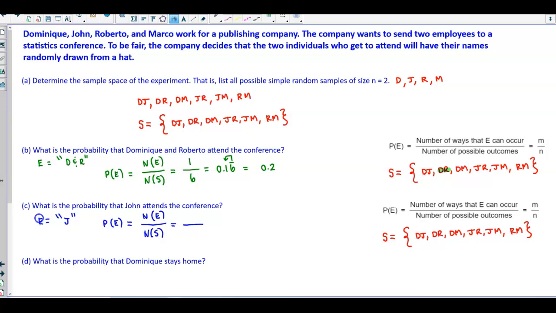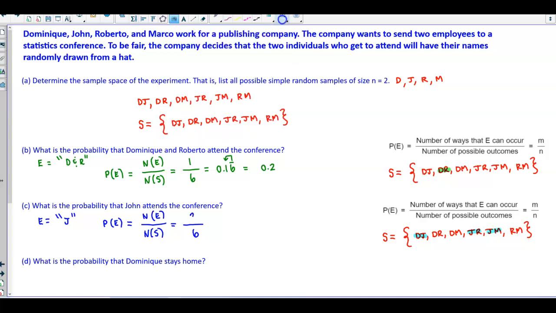We know the number in the sample space is going to give us 6. Now we need to find in our sample space how many times John attends the conference. Well, there's 1, there's 2, and then there's 3, so we have a total of 3.